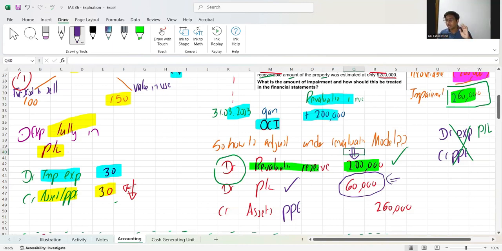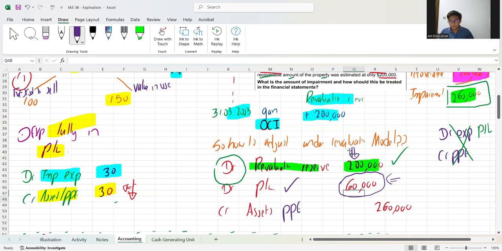You don't need to allocate, bifurcate, or divide. But in the revaluation model, if there is a revaluation gain, then your impairment expense first needs to be set off against your revaluation reserve, and any excess after deducting from your revaluation reserve will be taken to your profit or loss as usual impairment expense.